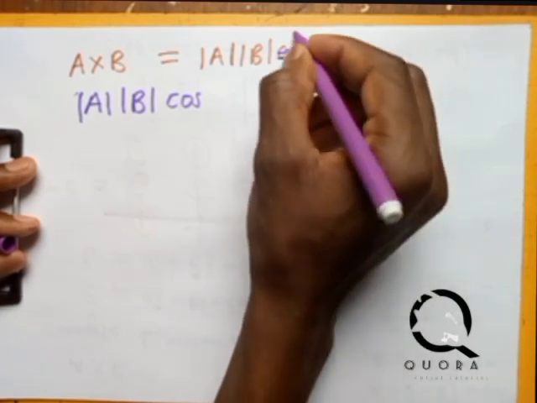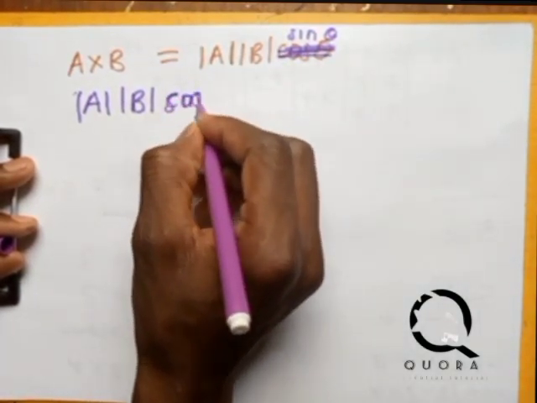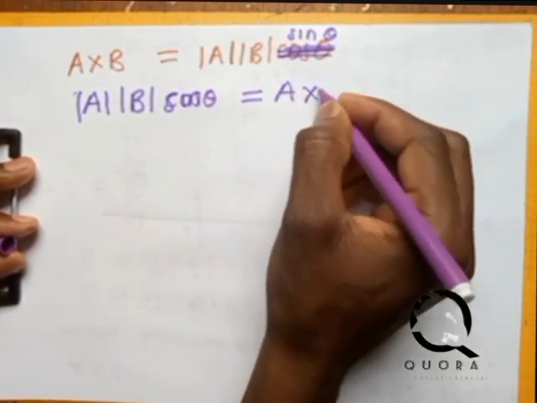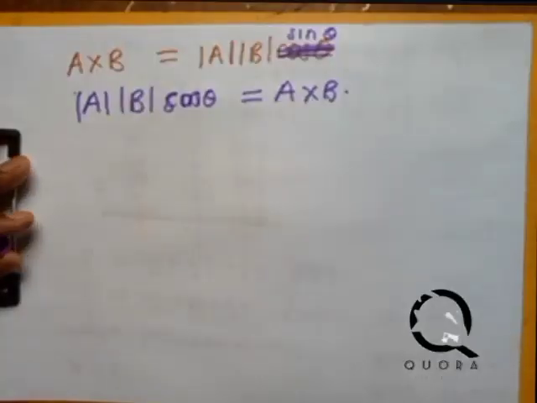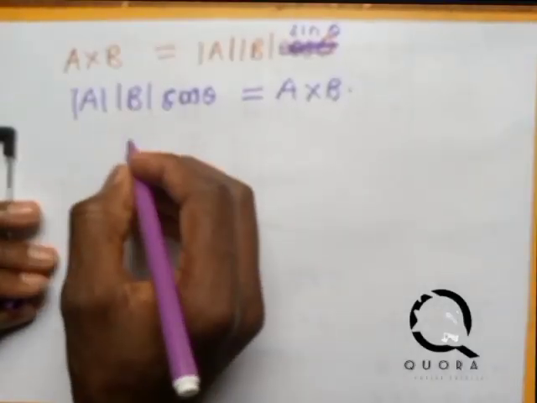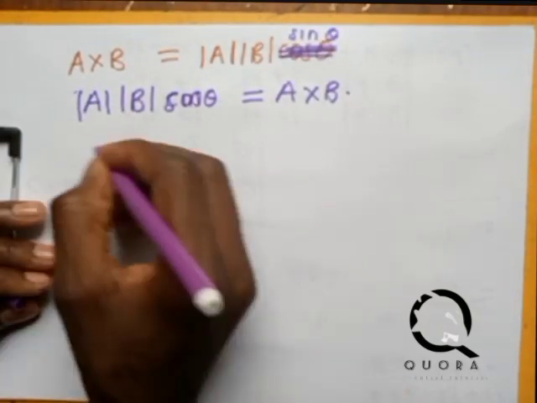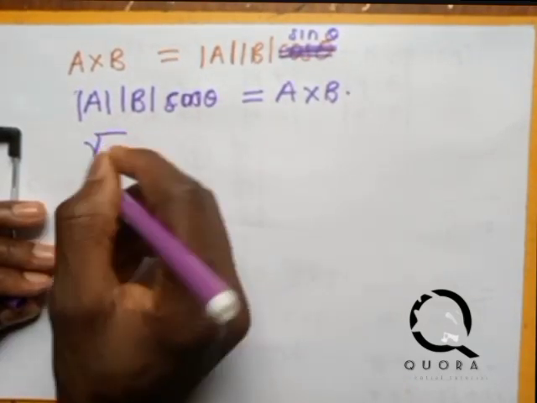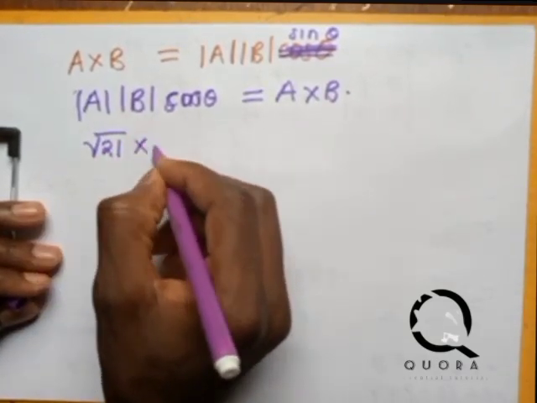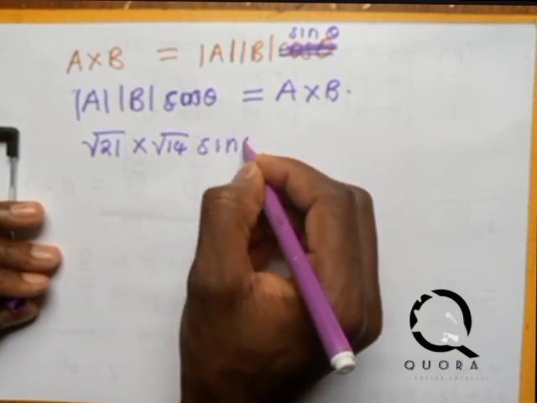For cross product, we have to be using sine theta. Okay, so what is this? This has to be something like this. We are going to have the root of, I think I remember we got 21 for this one, multiplied by root of 14 sine theta.